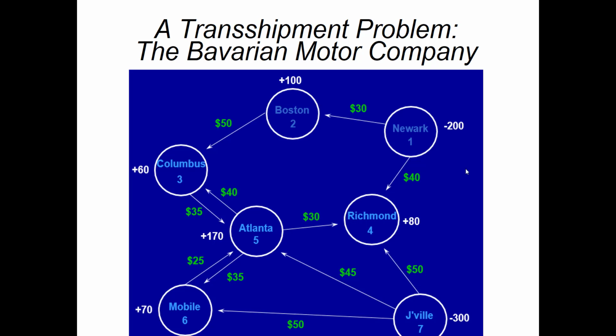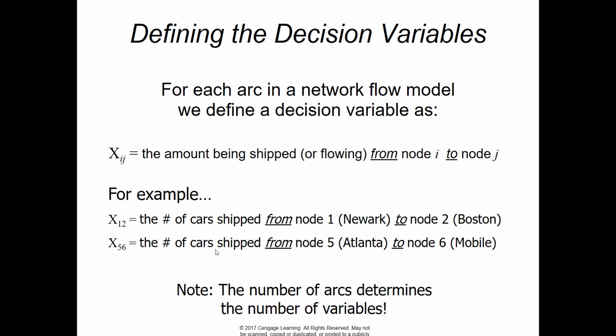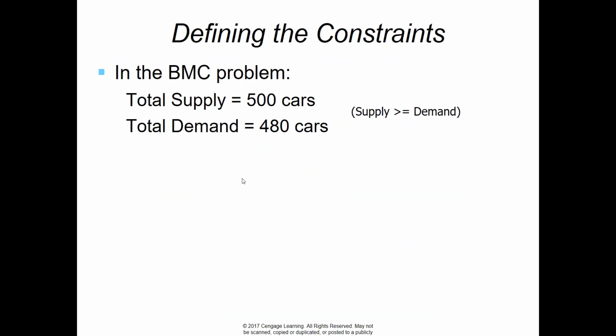Now let's look at the demands. The demands we have are 100 plus 60 plus 80 plus 70 plus 170. If we add all of these numbers, we get a total demand of 480.